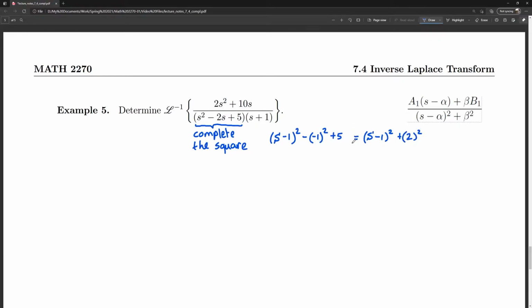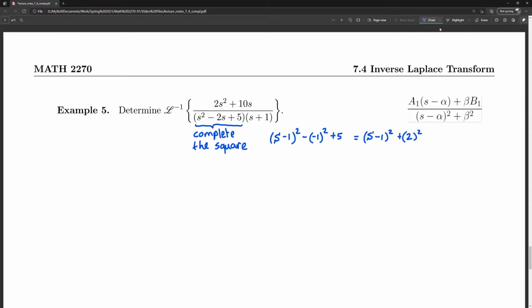Now, if the term is not a perfect square, so if you would end up with s minus 1 squared plus 5, you would just write that as square root of 5 squared. In this case, it is a perfect square, so that's good because that will make our work a little bit easier. So we replace that in our expression here.